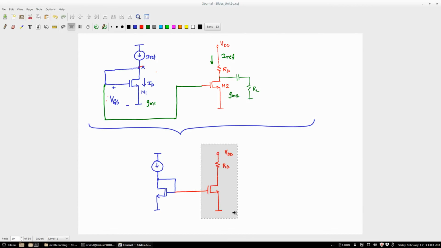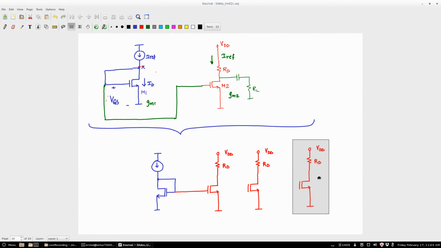This is your R, and I can have another identical transistor, correct, and connect that there. Say I have one more transistor, and I want the same current to flow in another transistor. So I can do this.